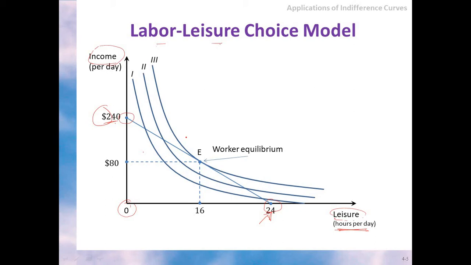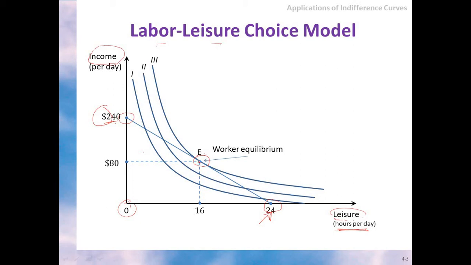Similarly, the worker equilibrium will be at a point where the indifference curve is tangent with the budget line, but here we call this the earning line. It cannot be at indifference curve 1 or 2 because it is not tangent; the slopes of the two curves are not equal.